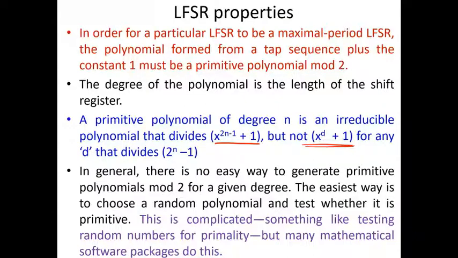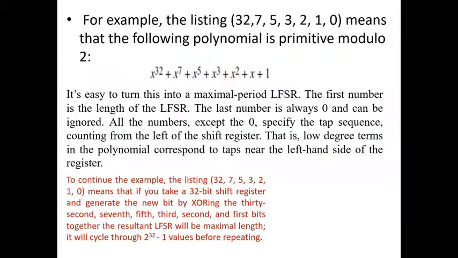People have written lots of code to find these irreducible polynomials or the primitive polynomials modulo 2, which can be used to generate maximal period LFSRs. So maximal period LFSRs can be easily generated by choosing a particular polynomial using some software package. We'll not try this division and all that.